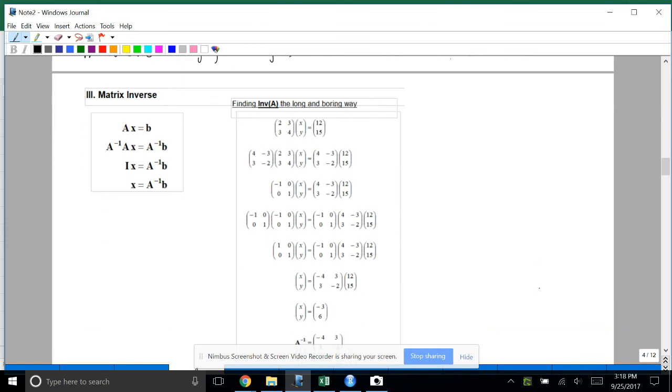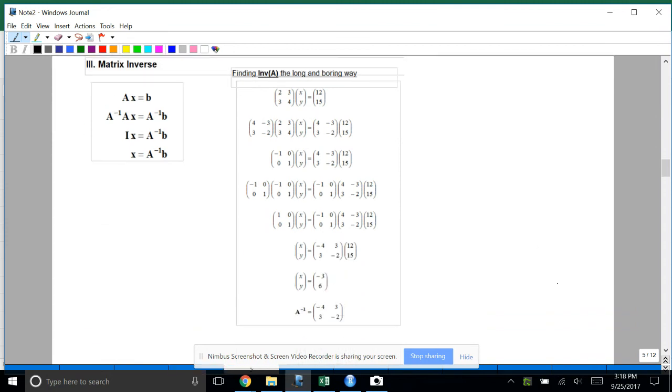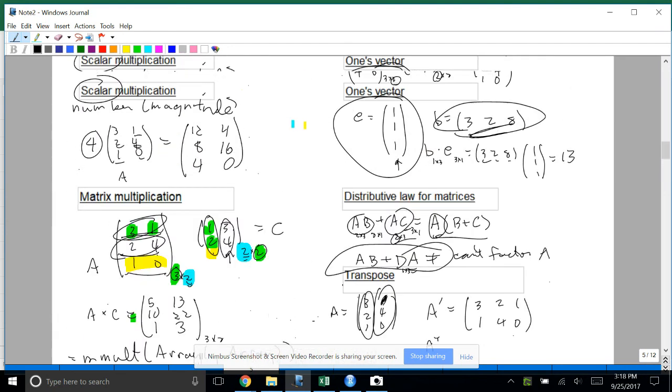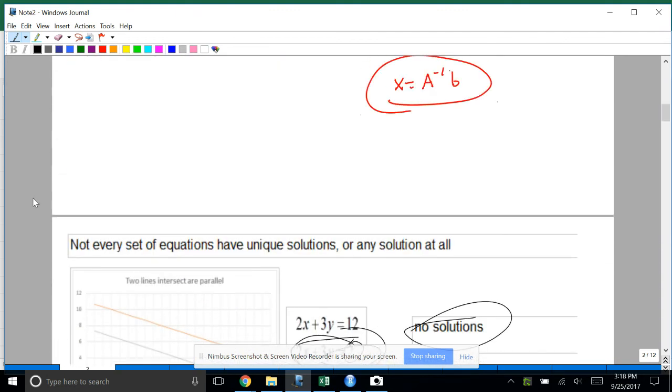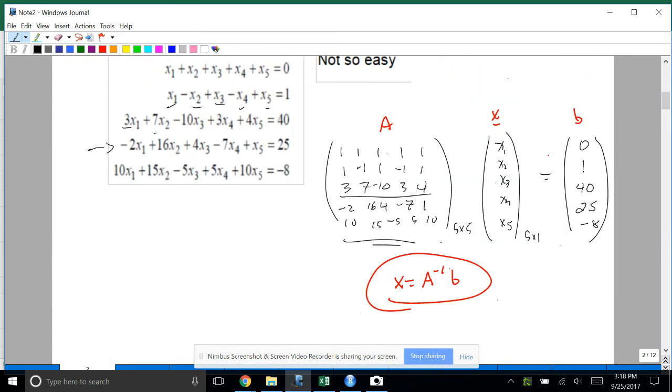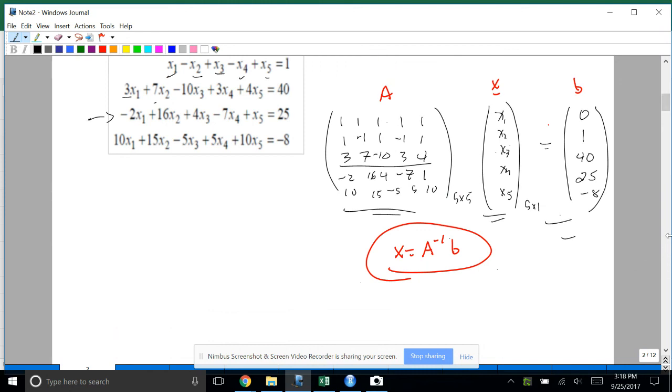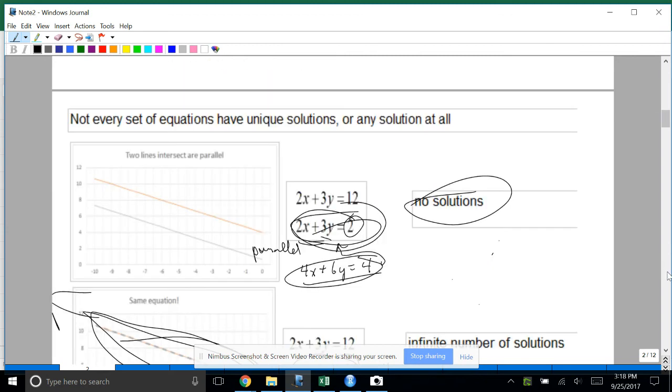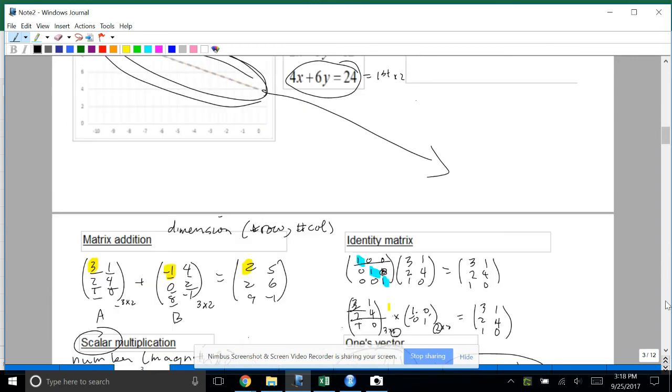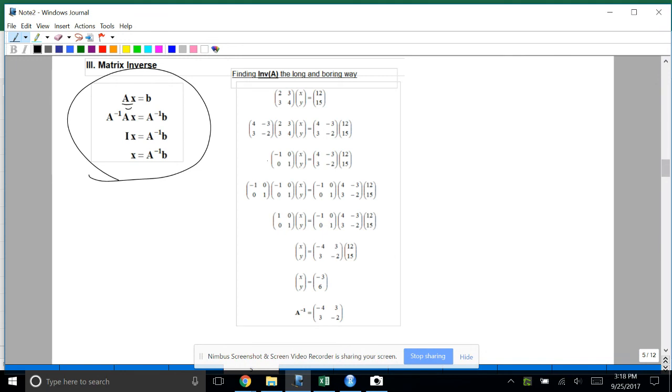Oh, the big thing we're going to talk about next is the inverse of a matrix. So one thing we'd like to do is, let's say we have a problem where we have Ax equals b, sort of like our big problem up here. So we have this A, and then we have a vector of coefficients x equals b. Well, what we'd like is the multi-dimensional equivalent of what we do in regular algebra. We'd like to divide both sides by A and solve for x.